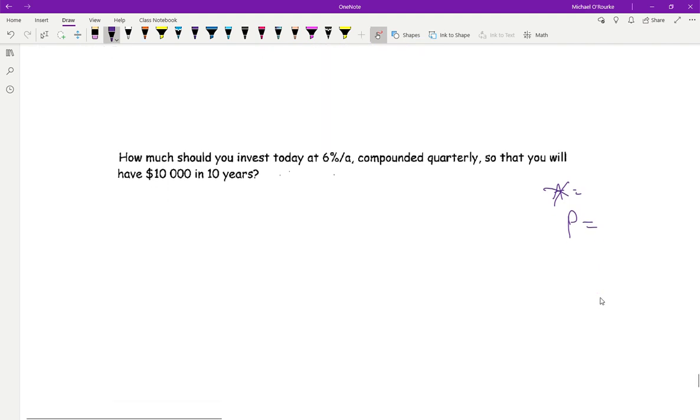So the formula to find P is actually this: P equals A times 1 plus r over n to the power of negative tn. Does that make sense to everybody?